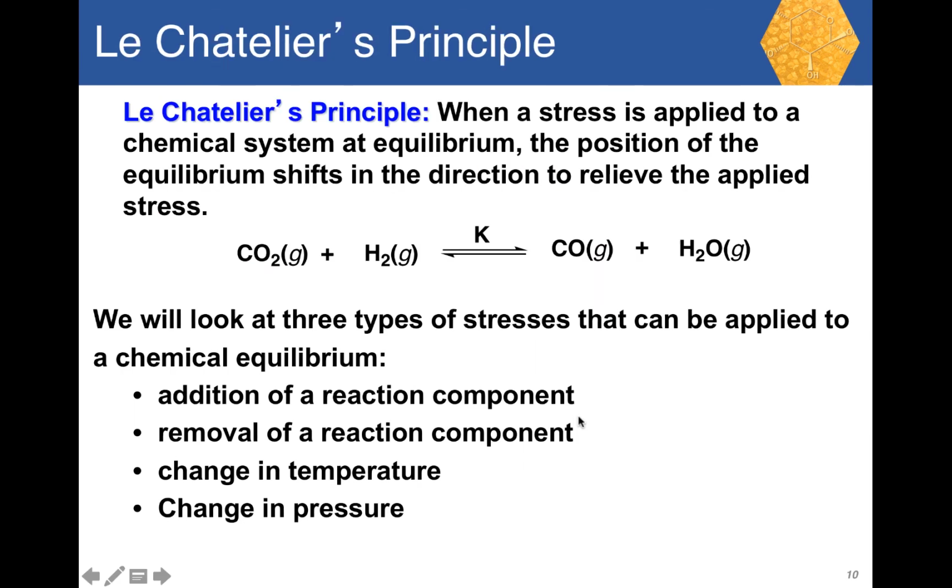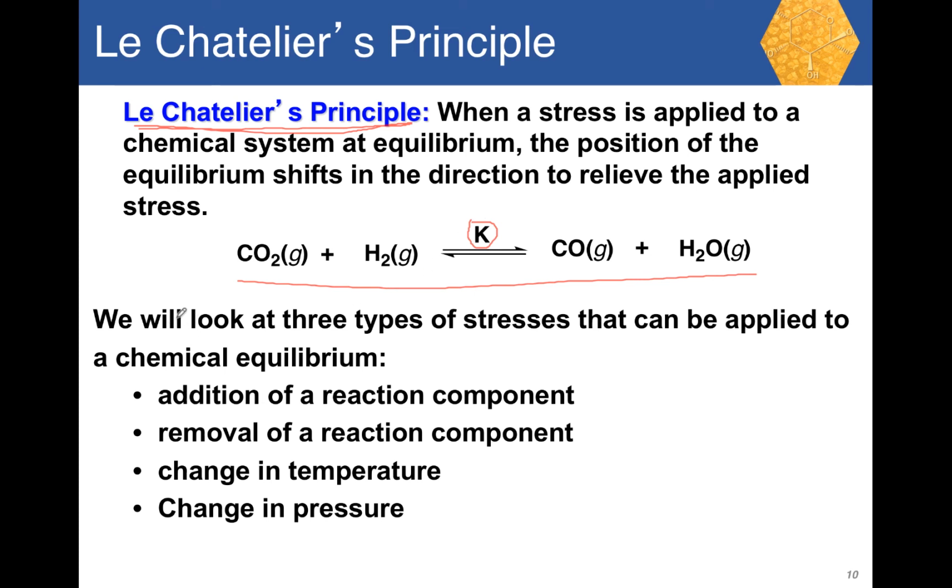Okay, let us look here at Le Chatelier's principle. As we mentioned, Le Chatelier was a French chemist, and he made quite a few observations about a reaction at equilibrium. So let us start our discussion by looking at this reaction here at equilibrium, represented by this equilibrium constant.